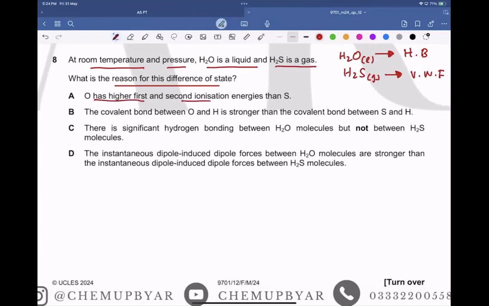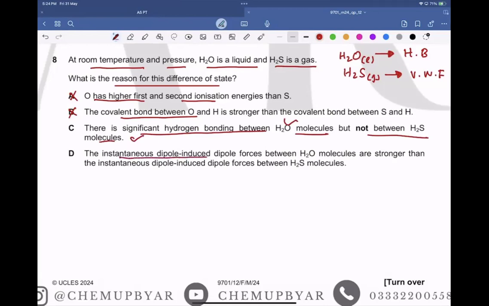Oxygen has a higher electronegativity, nothing to do with the ionization rate or the covalent bond. Covalent bond can be accountable if there is a decomposition. There is significant hydrogen bonding between water molecules, yes, but not between H2S molecules, yes. So this can be a correct answer.